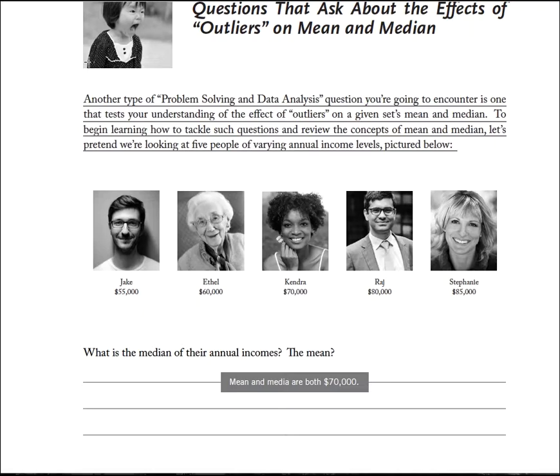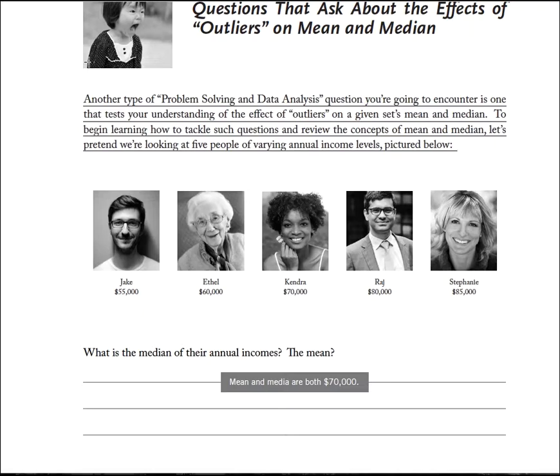Before we even get to these people down here, if I wanted to know the median value for a list of values, what would I do? Who can tell me? Jamie, you're right. I can put them in ascending or descending order, and then figure out what the middle value is.